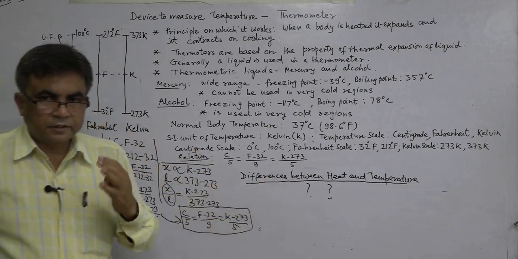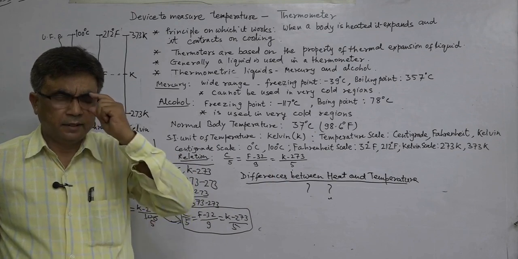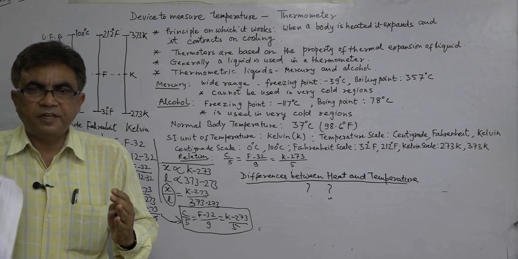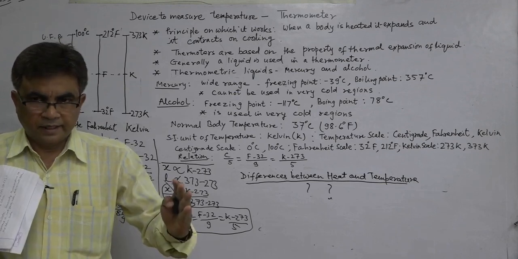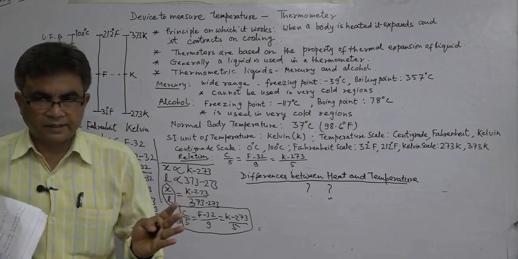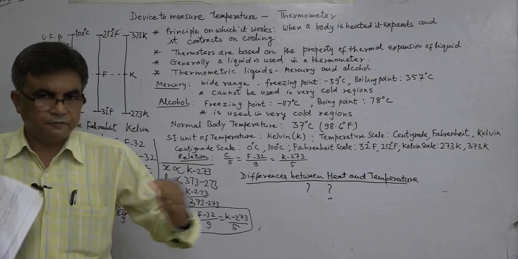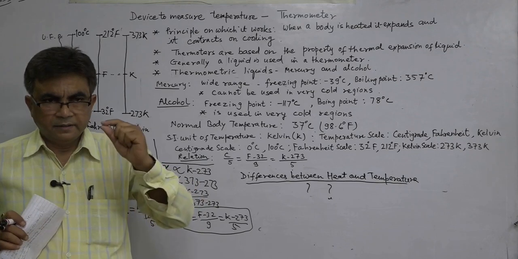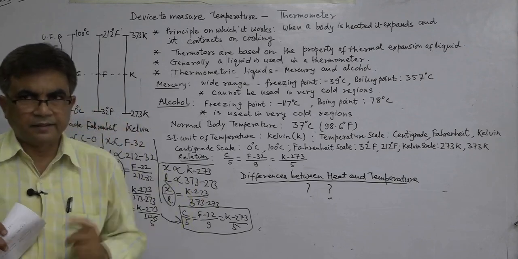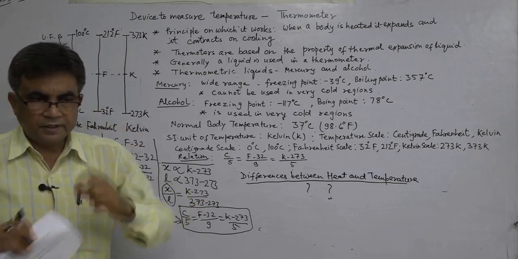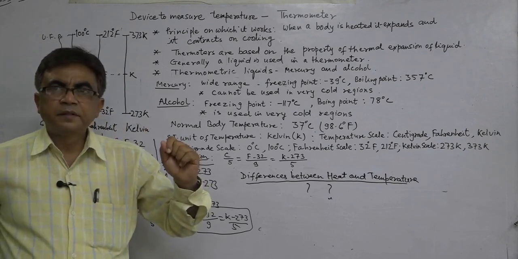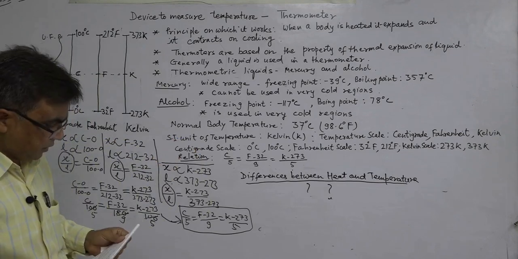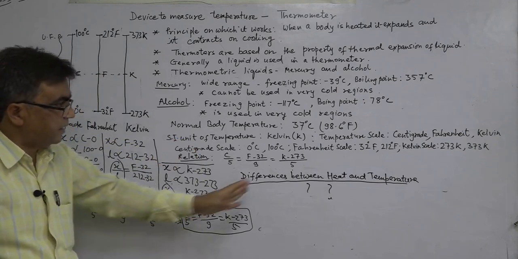One thing, dear students, please be clear that whenever you are asked to write the difference between two physical quantities, two differences you can very easily write. First you write the definition, then you write their SI unit. That will be your differences. For example, heat and temperature.